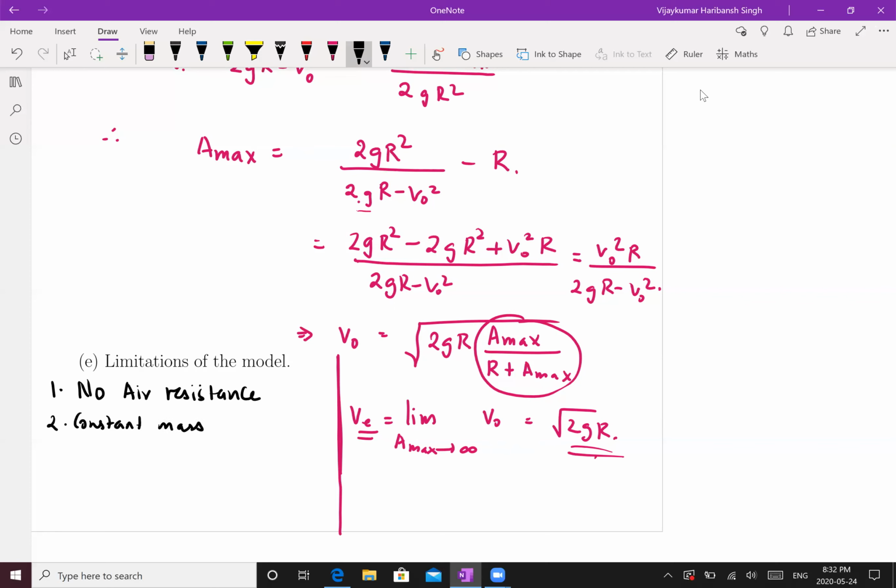Typically, the rocket loses mass as the fuel gets burned up. So these are the restrictions of the model.